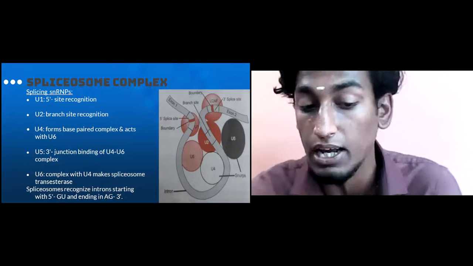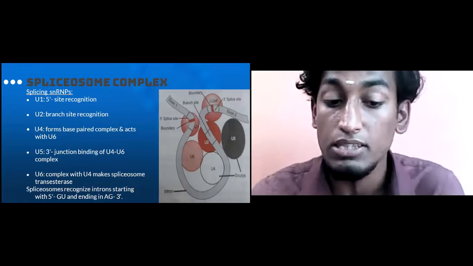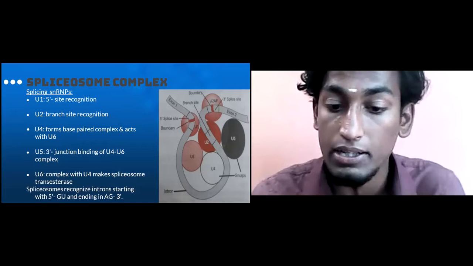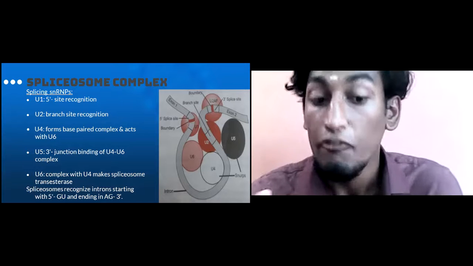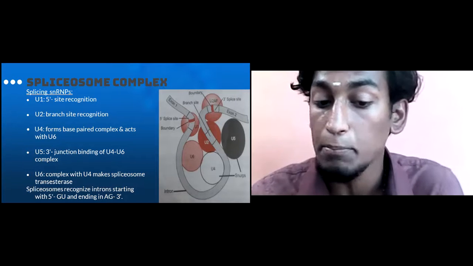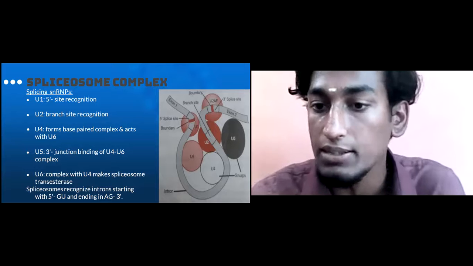In this reaction, via a transesterification reaction, the guanine nucleotide in the consensus sequence at the 5' splice site binds with the adenine nucleotide at the branch site.